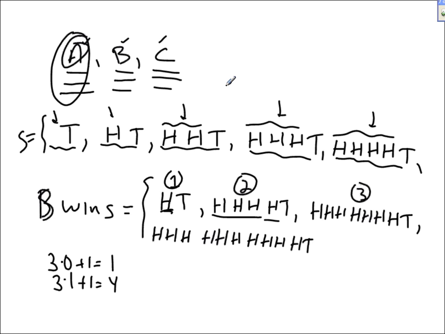There's going to be an H. 3 times 2 is 6, add 1 is 7. Nobody won round 1, nobody won round 2, Abe did not win in round 3, but Betty did. Etc.